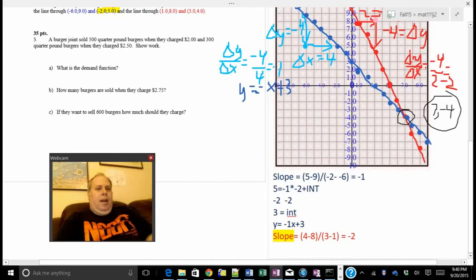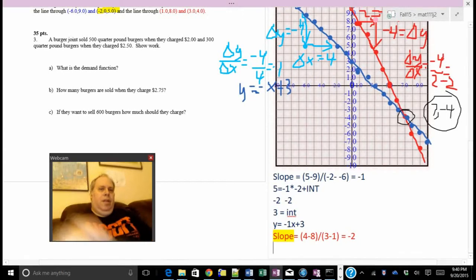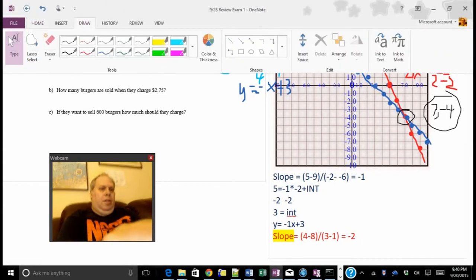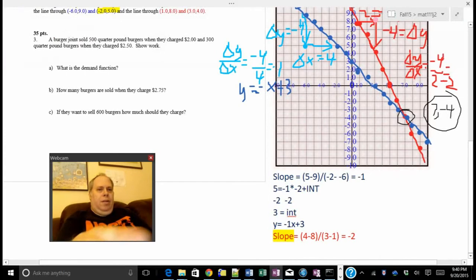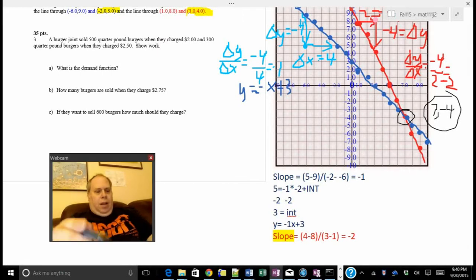And now I'm going to use, once again, I will highlight the one I'm going to use. Let's try 3, 4.